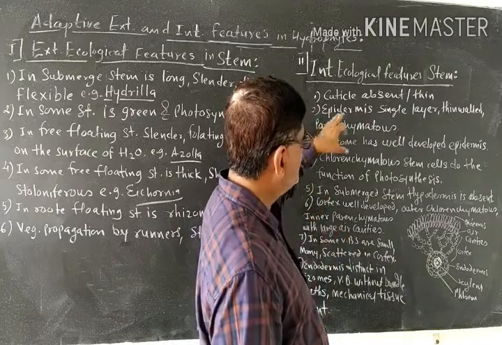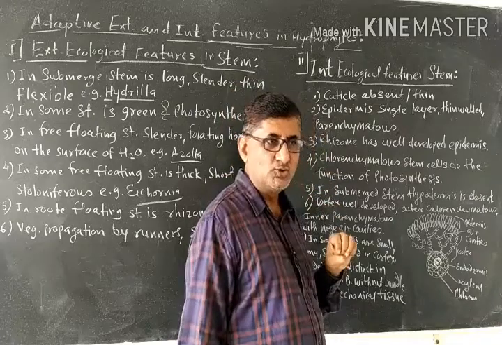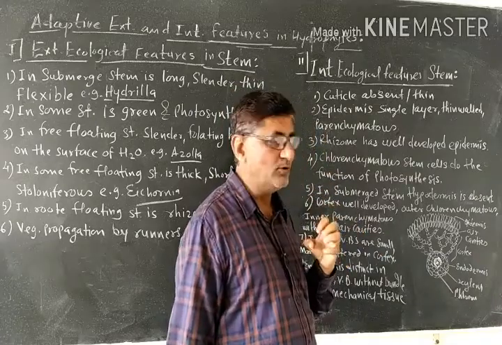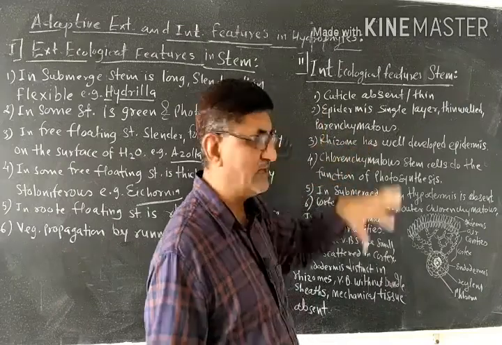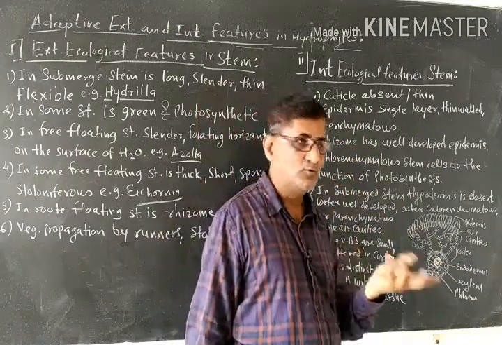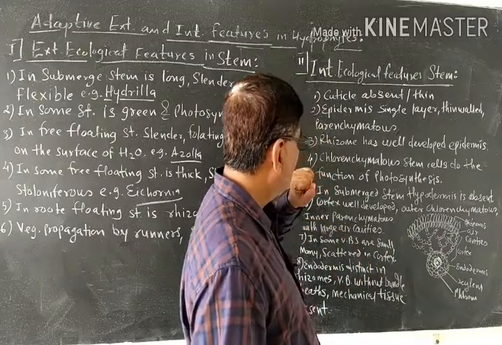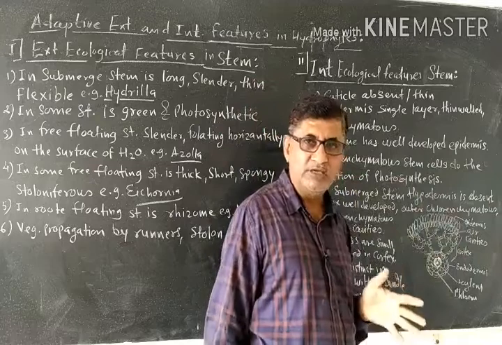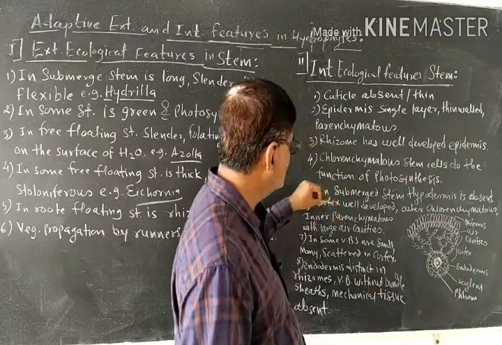Then the epidermis is a single layer, thin walled and parenchymatous. So the epidermis is also not well developed, a single thin parenchymatous layer, so the stem can easily bend in any direction. But the rhizome of the hydrophytic plant has a well developed epidermis.